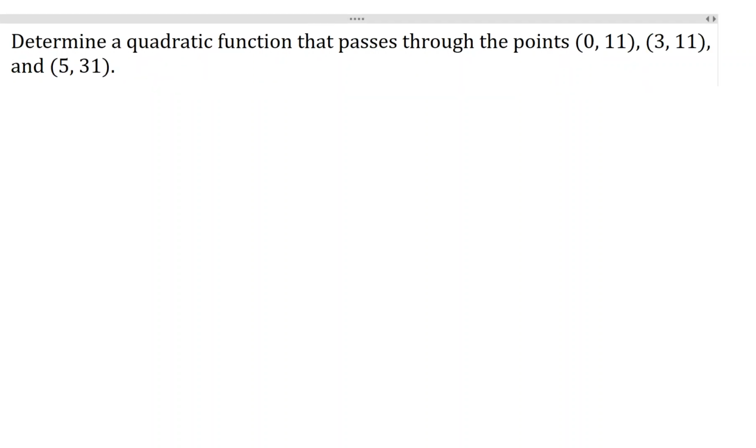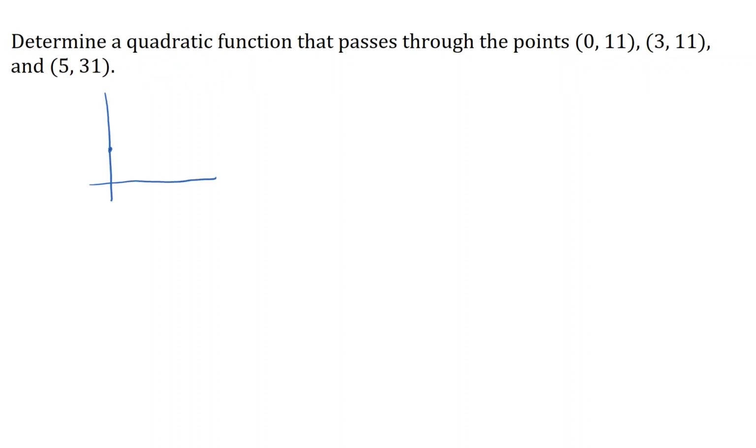Okay, so let's say we want to determine the function that passes through those 3 points. So just to get a feel for this, just to understand what this looks like, you could graph it. And so 0, 11 might be like right here. 3, 11 might be here, let's say. And 5, 31 might be way up here.